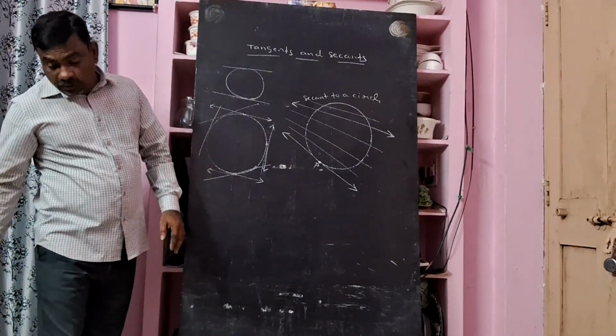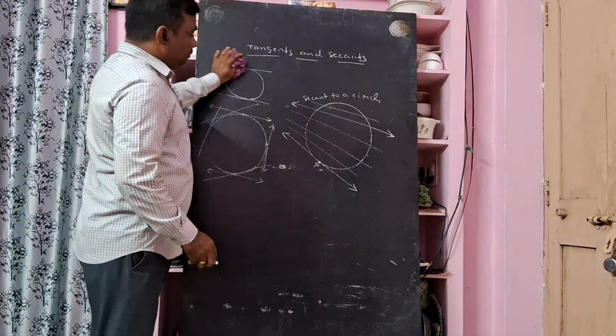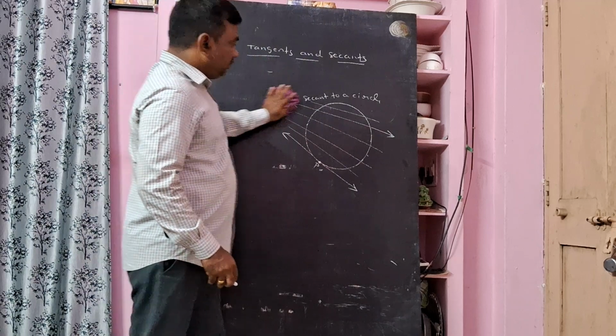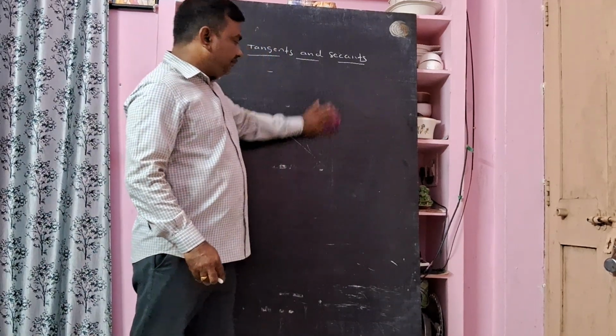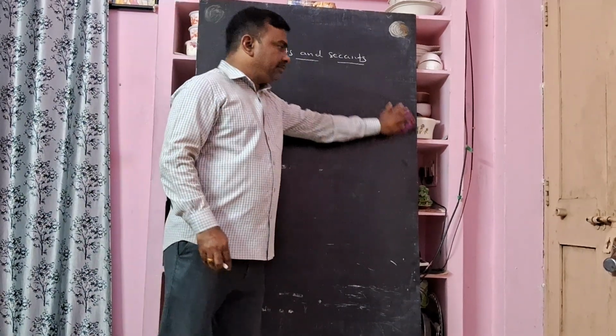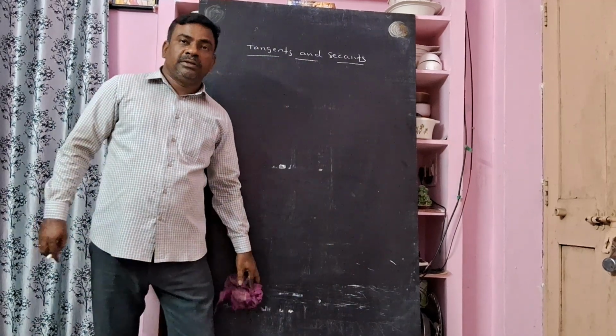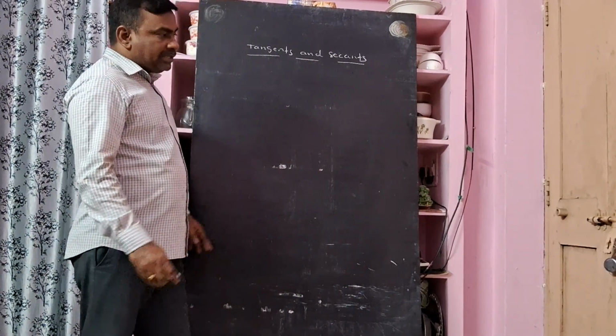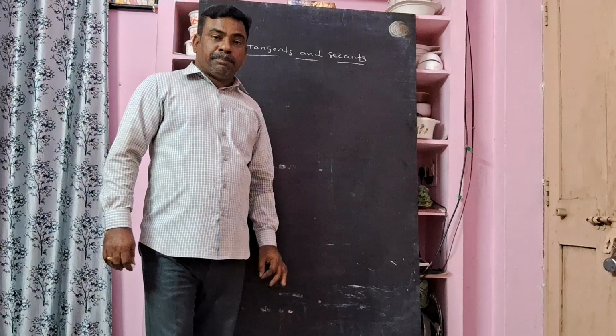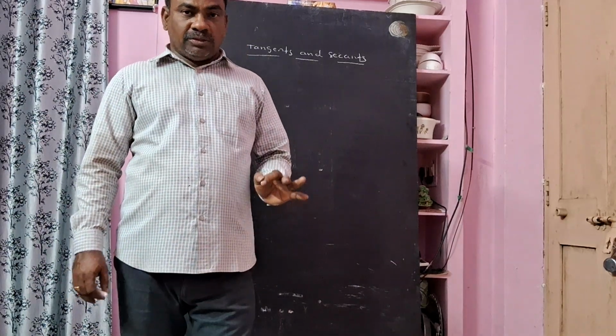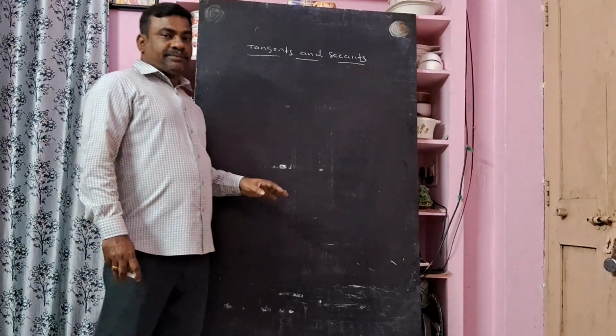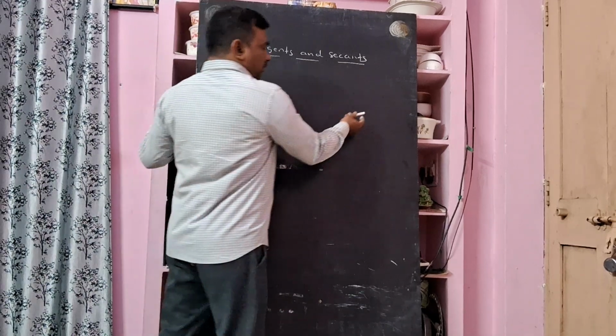Now, one important theorem: a tangent to a circle is perpendicular to the radius through the point of contact. Suppose this is the circle.